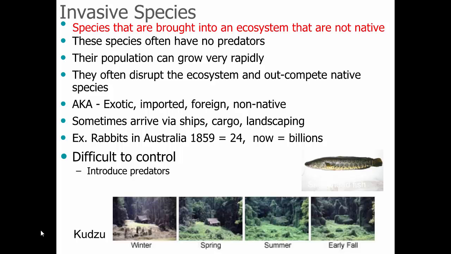This is a plant called kudzu. It's not around here, but you can see it down south, and it's a super fast-growing plant that was introduced into North America. This is, again, in the winter, when it dies back. This is a little cabin. It's a little hard to see in this image, and some trees. You can see in the spring, summer, early fall, it completely covers this house, and it works its way up the trees.